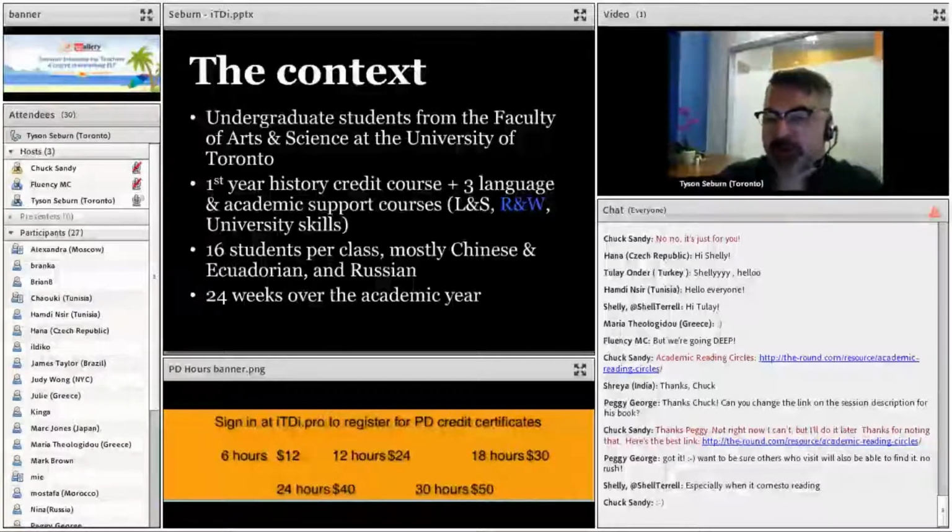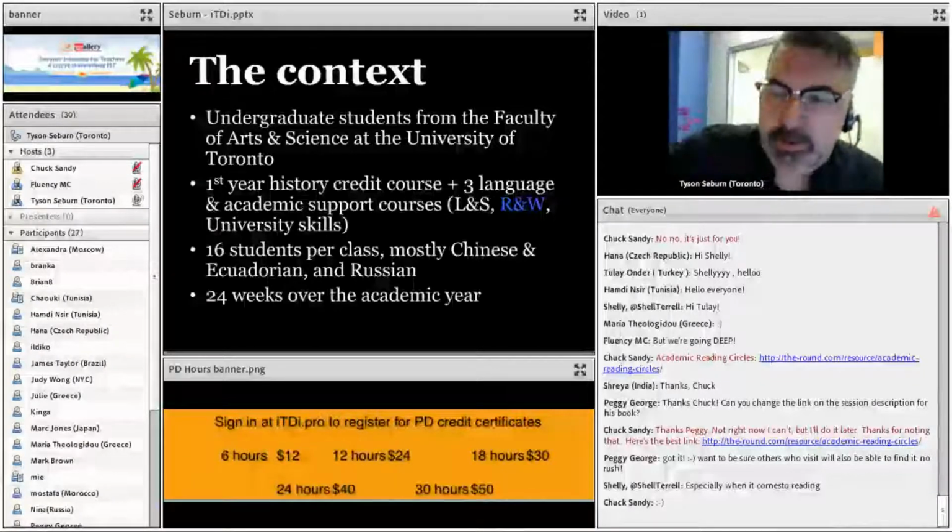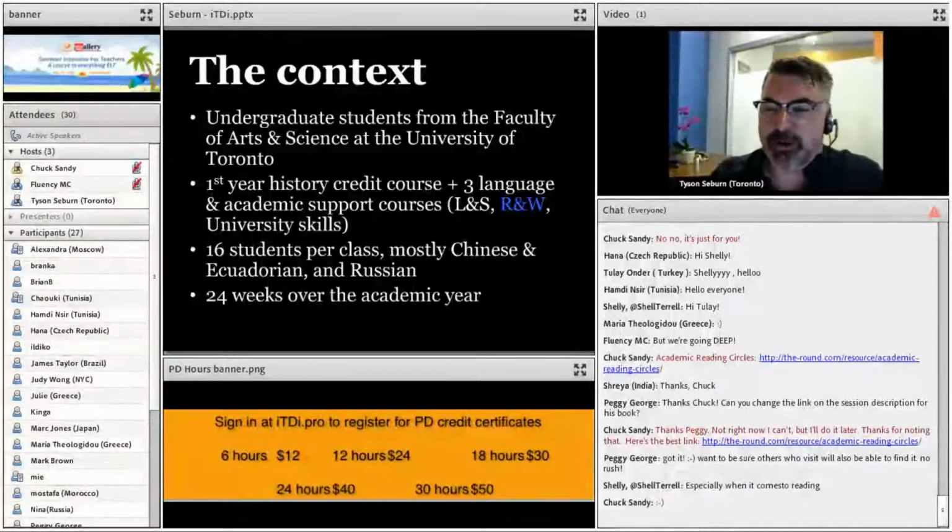And if they finish all of these courses, including mine, over the 24 weeks with a minimum of about 60%, then they get an offer changed from conditional to a full offer into their undergraduate studies. So this is the overall context that you can picture as I'm talking about the activities today.